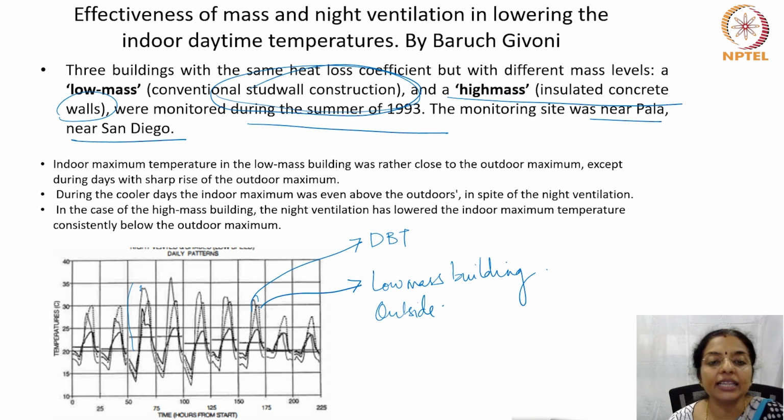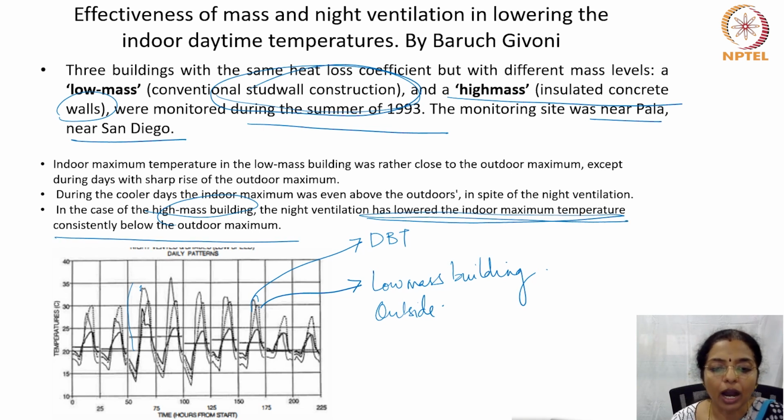But in the case of the high mass building, the night ventilation has lowered the indoor maximum temperature consistently below the outdoor maximum. So you can see how consistently, for every day, the maximum temperature in a high mass building is always lower than the outdoor dry bulb temperature.